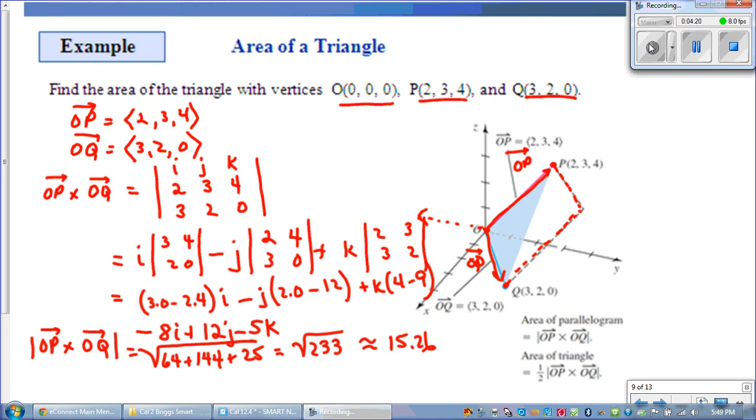So half of that, the area of the triangle, is the square root of 233 over 2.